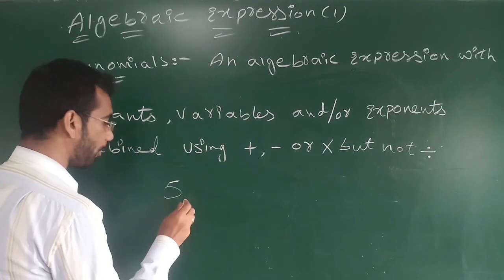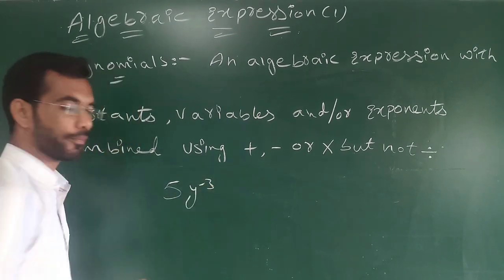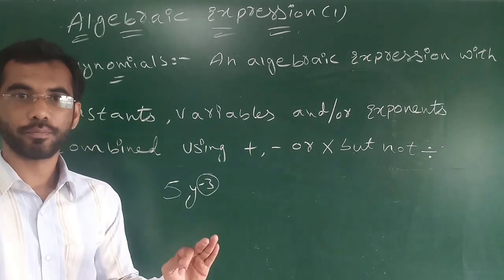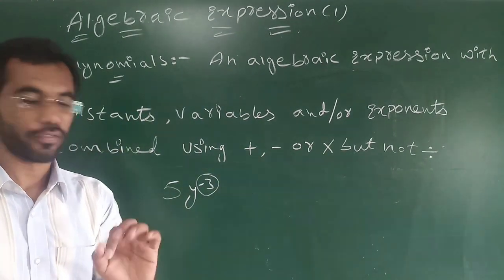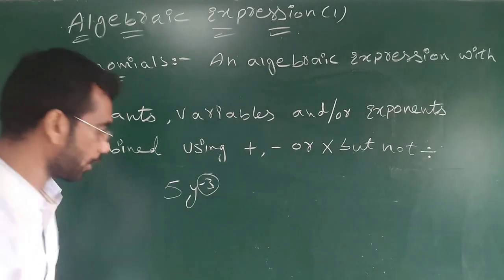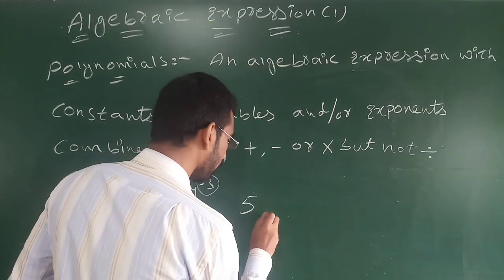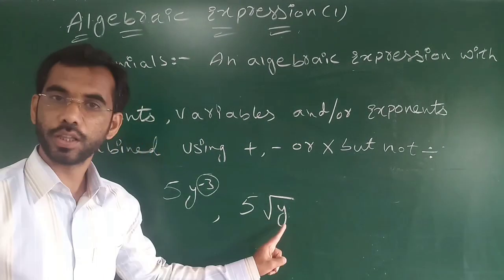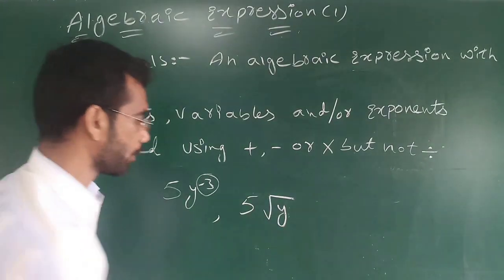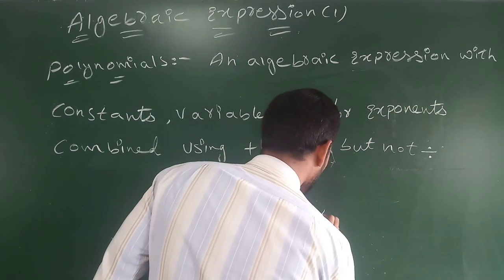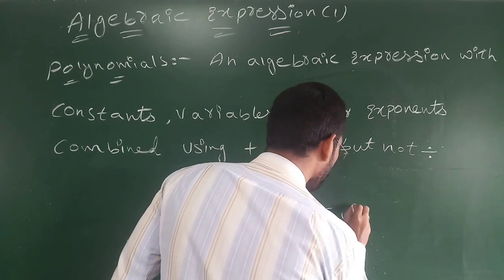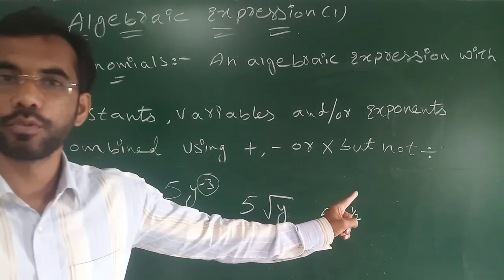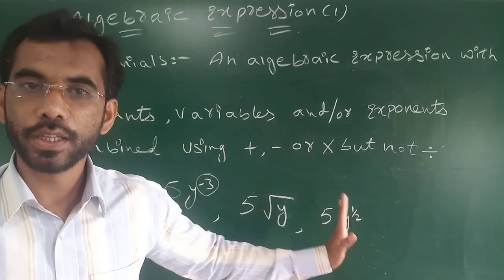If the power of the variable is negative, like 5 power of minus 3, or 5 root y, if the variable is under a root, or 5y power of 1 by 2, that means the power of the variable should not be in the form of p by q.